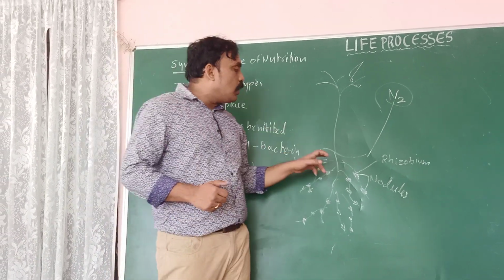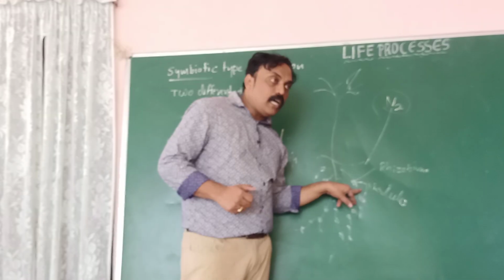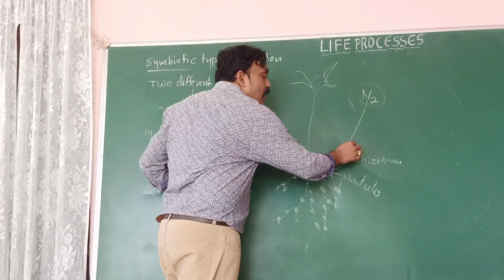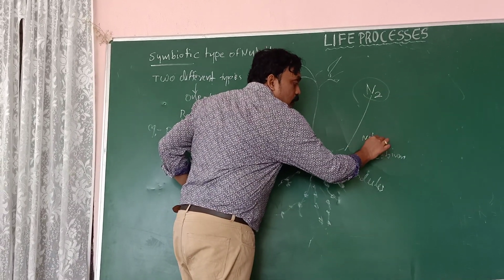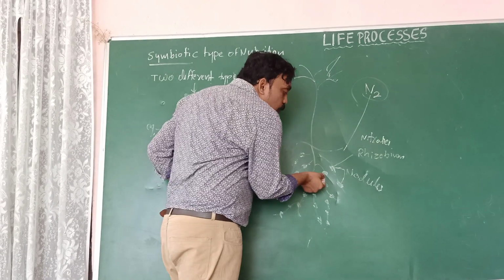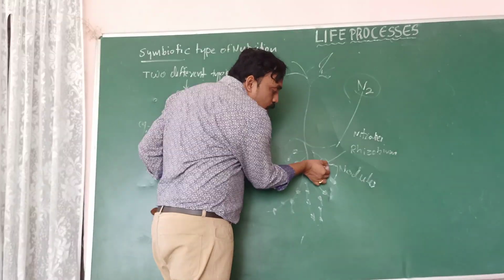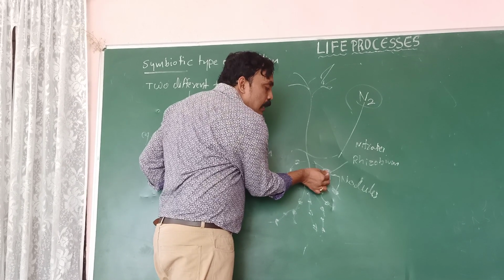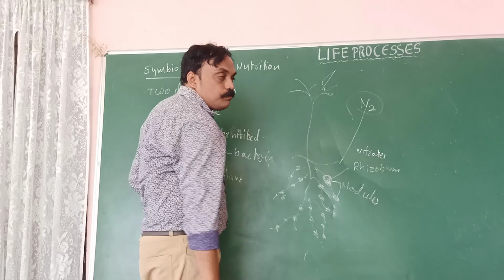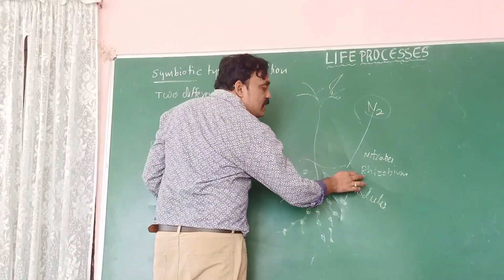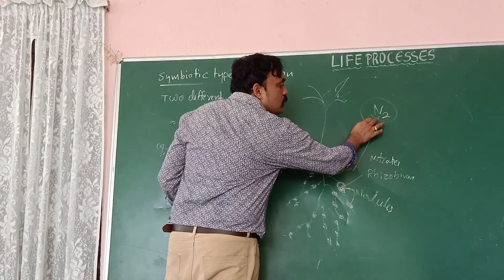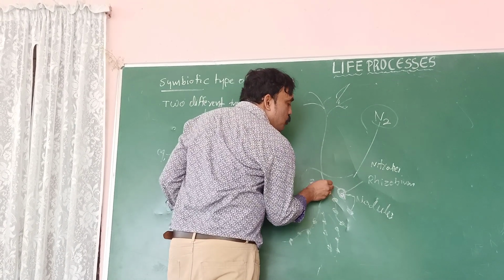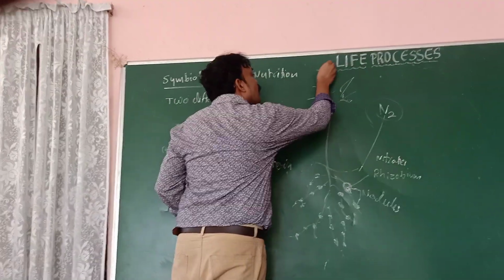So Rhizobium bacteria absorbs atmospheric nitrogen and converts it into nitrates or nitrites, which are stored in the Leguminaceae family roots. These nitrates are useful to increase the growth rate of the plant.